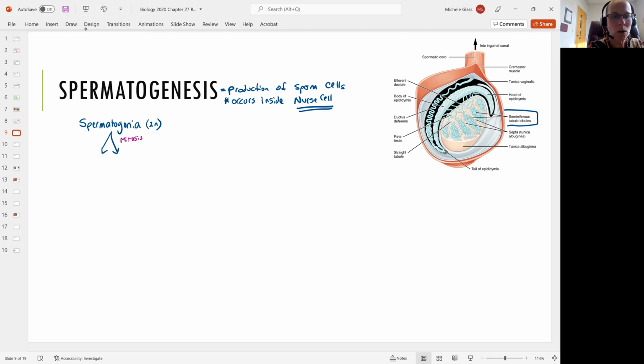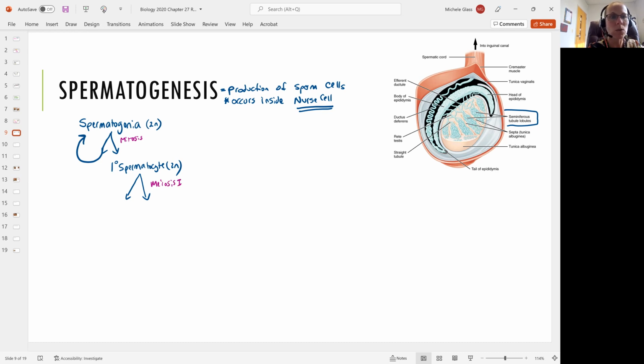But we're going to call one of those daughter cells of the clone a primary spermatocyte. It's going to be diploid. And then I'm just going to draw this arrow back up, it's making kind of a repeat of itself. So one of those cells that's formed during mitosis is going to stay present as a spermatogonia to continue that process.